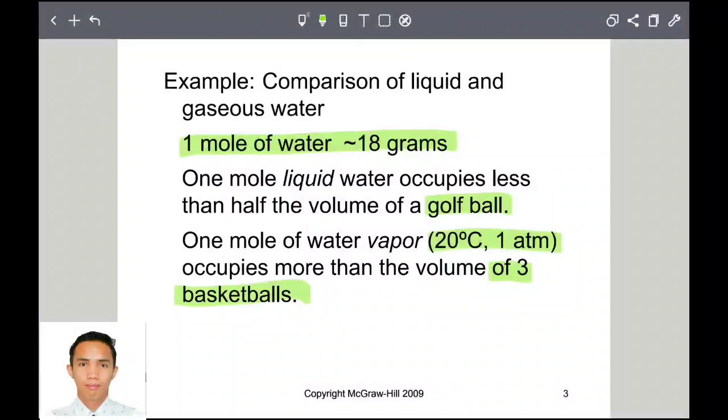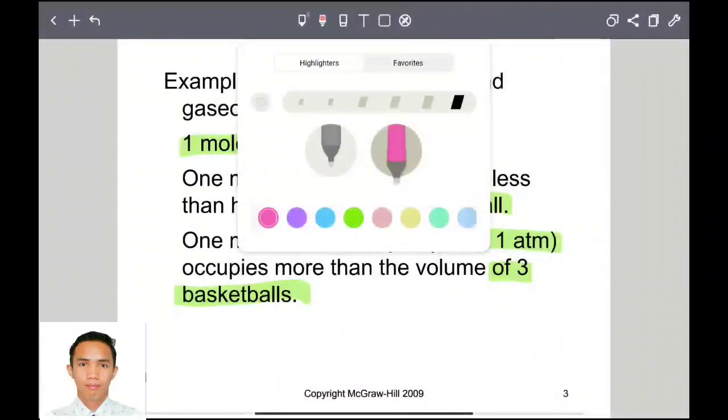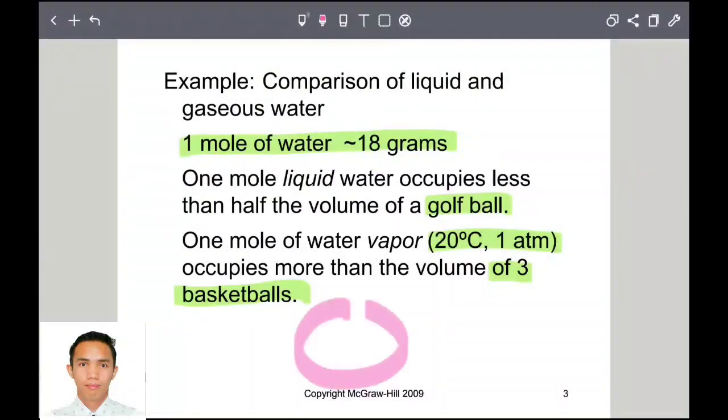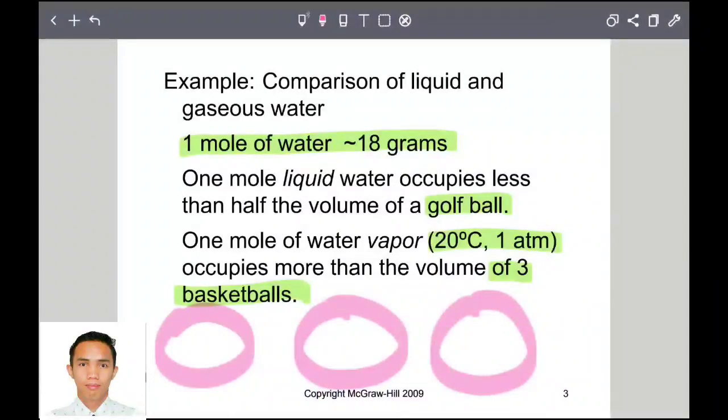So you see 3 basketballs. We need to draw pictures of basketballs here: 1, 2, 3. That is the volume at atmospheric pressure and 20 degrees Celsius of 1 mole of water vapor.